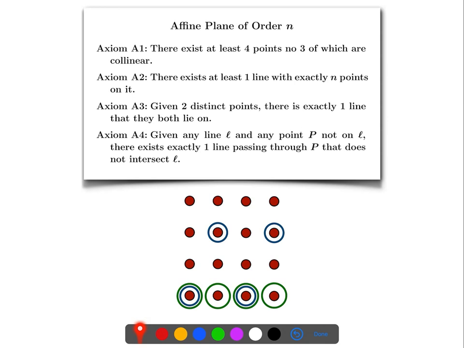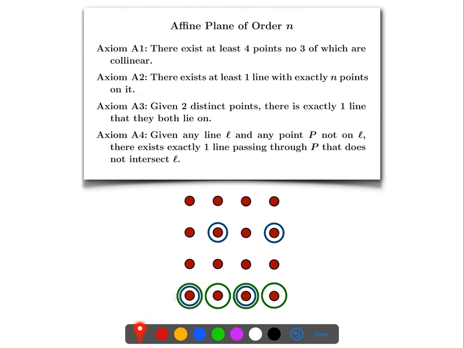Now we can see that this line in green and this line with points circled in blue intersect in 2 points. That is not something we had before. Let's check the axioms. Does that cause any problems? Well, the first axiom was there exist at least 4 points, no 3 of which are collinear. That doesn't seem to be too relevant to this picture. There exists at least one line with exactly 4 points on it. Well, that's relevant.